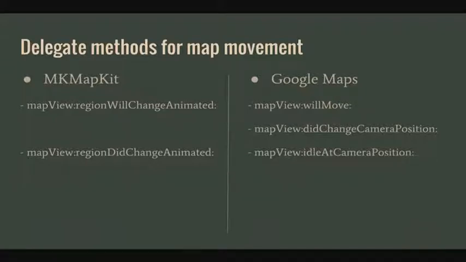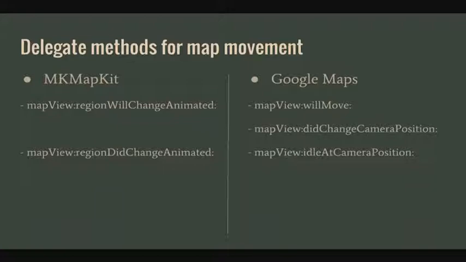They don't give you that much control over the zoom, pan, and gestures that you have. Google's map view will move has a gesture bool variable, so it tells you whether the map was moved or will be moved via a gesture or via a programmatic map region change. But that's all they give you.